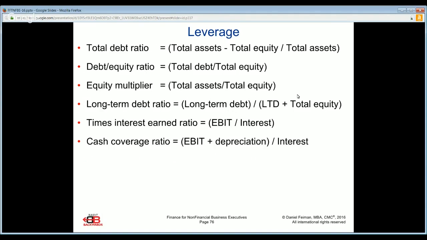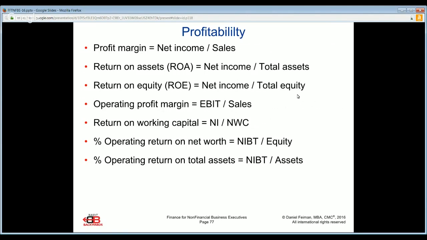If we move to the profitability ratios, these are probably the only ratios that most investors look at, at least initially. The third one down, the return on equity, or ROE calculation, is probably the most commonly calculated ratio in the world. Why? Because we have over 1 billion investors in the world, and every investor knows how to calculate net income from the income statement divided by equity from the balance sheet.